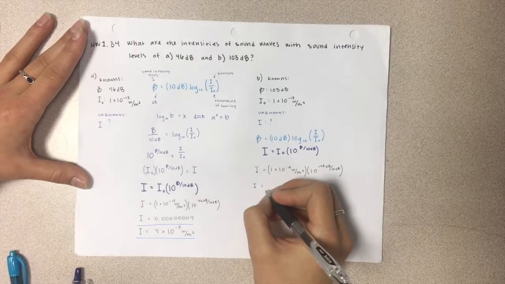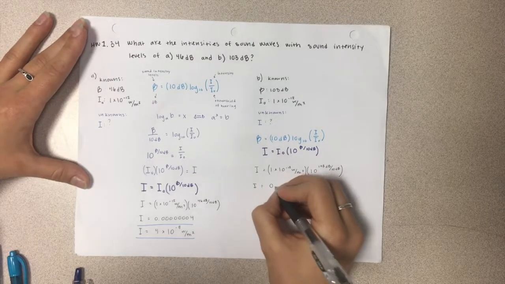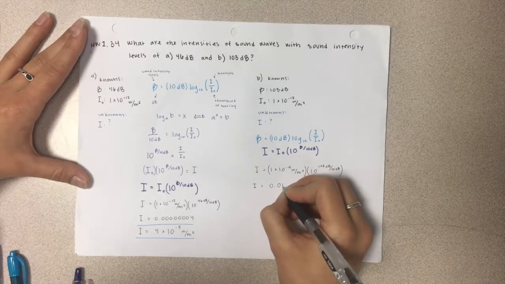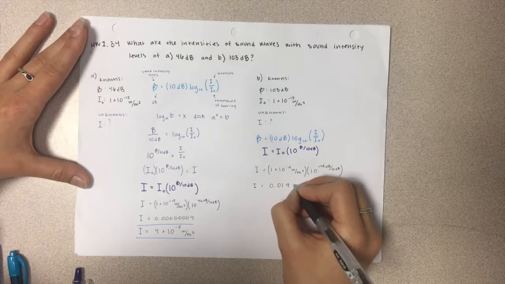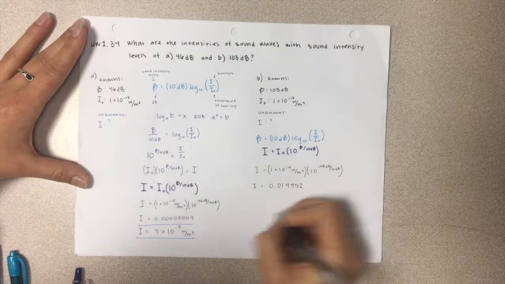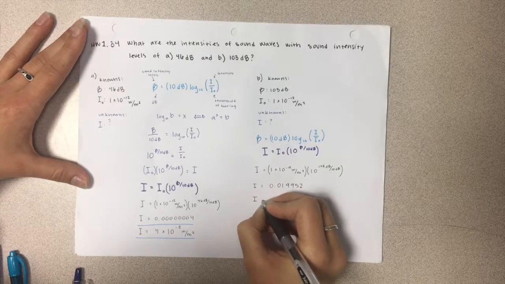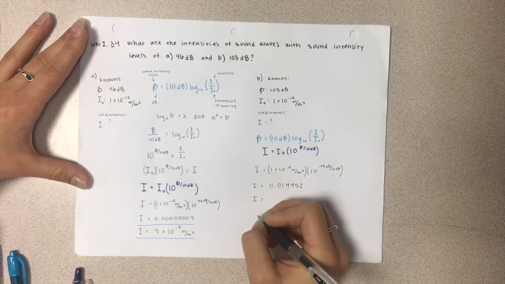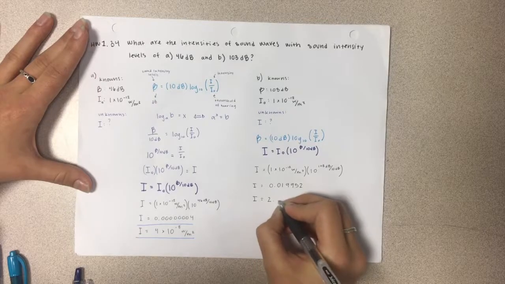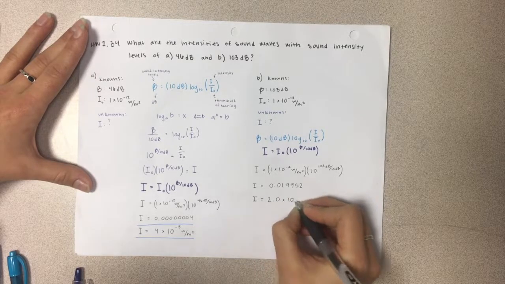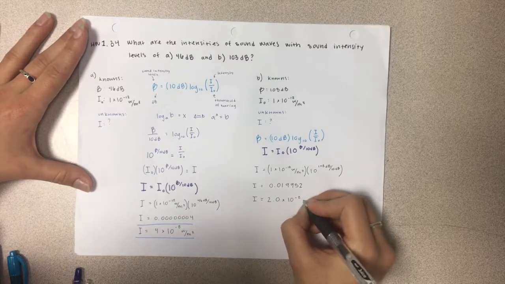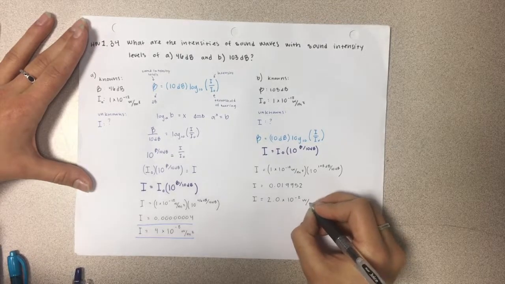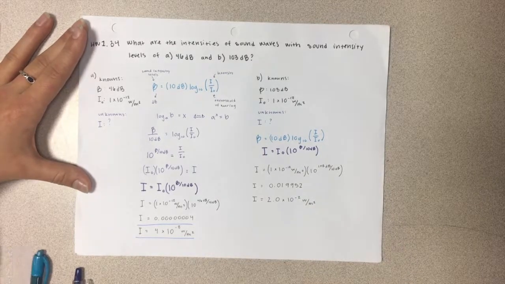We're going to plug that into our calculator, and we get I is equal to 0.019952, and that simplifies to the intensity of sound waves equal to 2.0 times 10 to the negative 2 watts per meter squared.